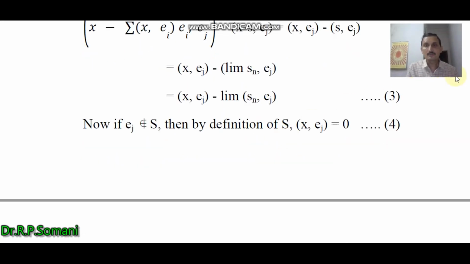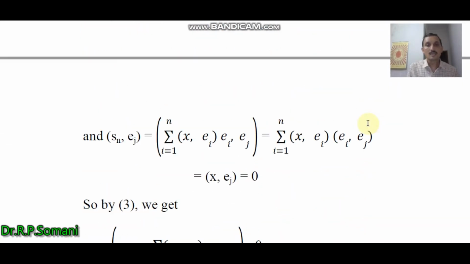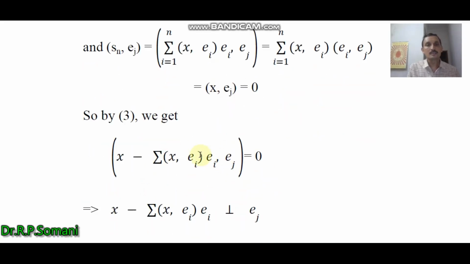This we denote as equation number 3. Now there are two possibilities. First, if e_j does not belong to S, then by the definition of S, ⟨x, e_j⟩ equals 0. So ⟨S_n, e_j⟩ equals the summation i varying from 1 to n of ⟨x, e_i⟩⟨e_i, e_j⟩, and this equals 0. So by equation 3 this inner product is 0.